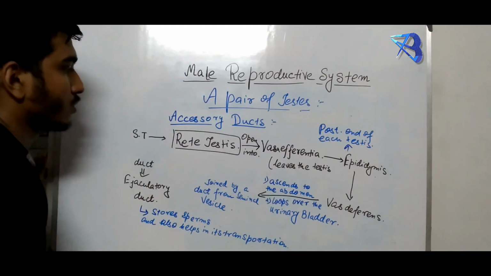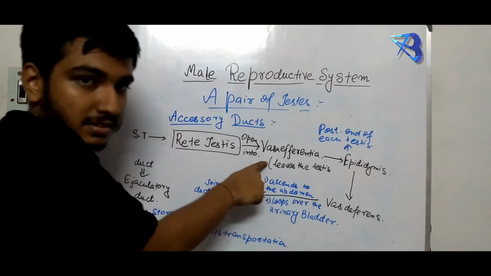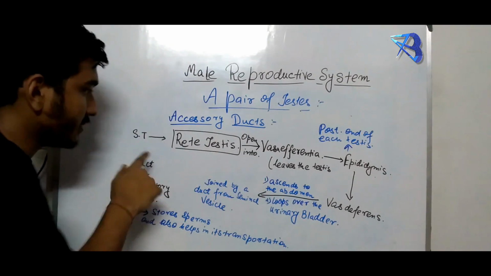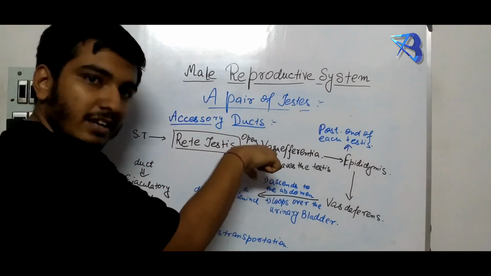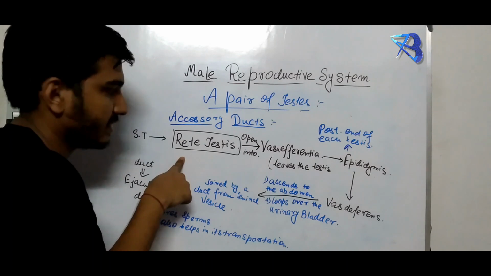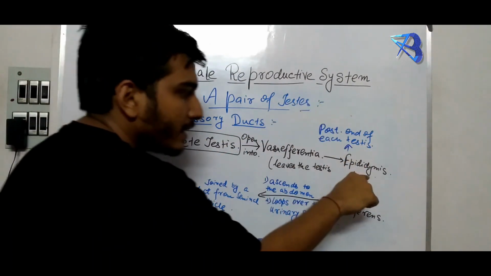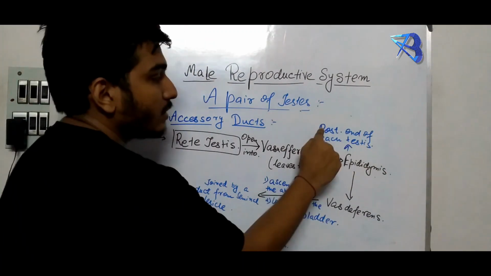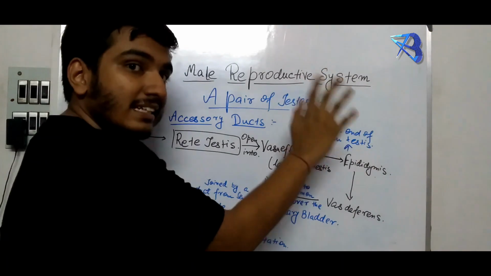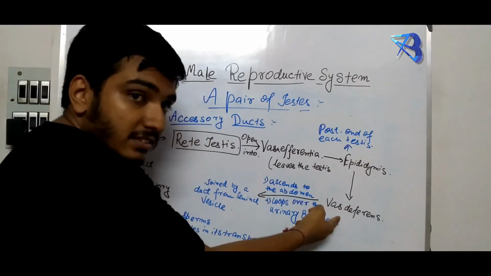Okay. So now the accessory ducts again. Let's revise. This sequence is often asked in the NEET exam. Seminiferous tubules open into the vasa efferentia through the rete testis. Then the vasa efferentia leaves the testis and opens into the epididymis. It is located in the posterior end of each testis. Now the epididymis then leads to the vas deferens.